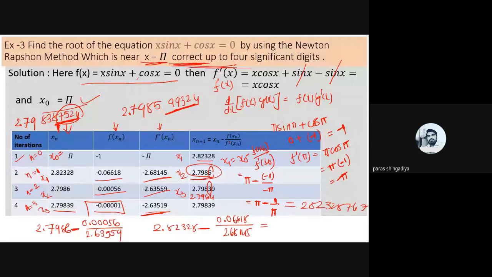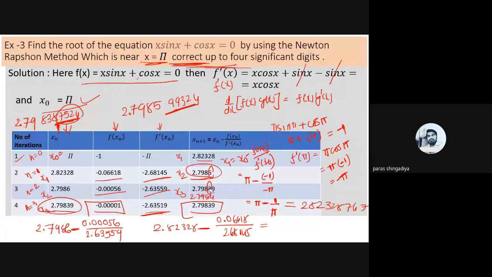Clear? And that is x3, so use it in the formula, and it will be 2.79839 minus 0.00001 divided by 2.63519. So we'll get 2.79839, something like that.